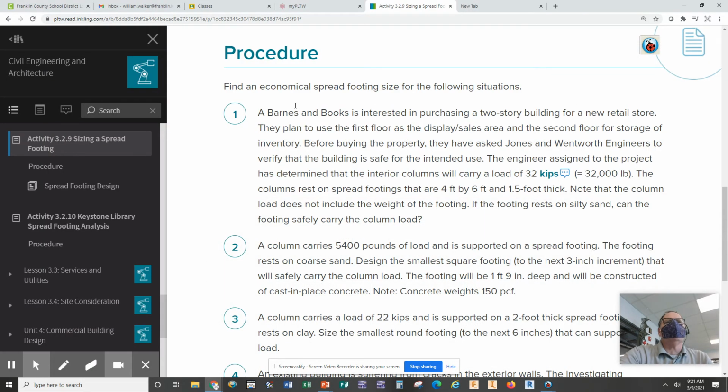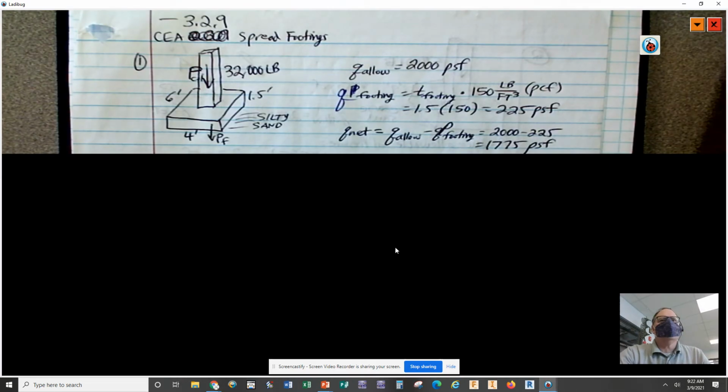So let's see if we can work this out, knowing the load coming into the column, knowing the size of the footing, and knowing how thick it is, and knowing that we rest on silty sand, which is 2,000 PSF capacity. So I'm going to pull up my little ladybug camera here. And first of all, it's helpful in these to draw a picture.